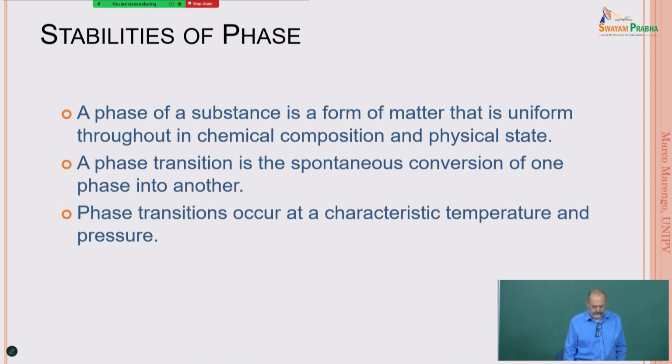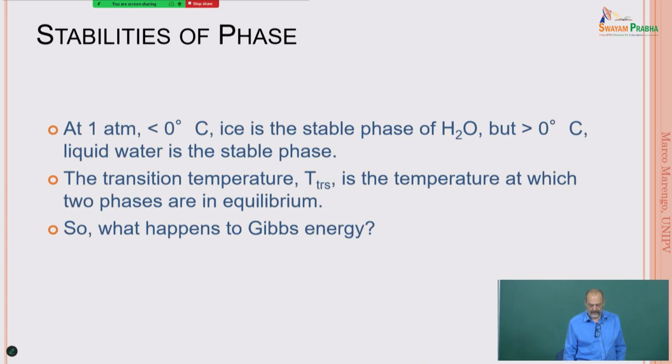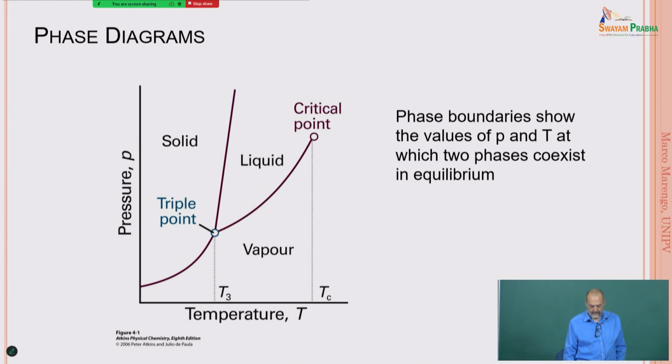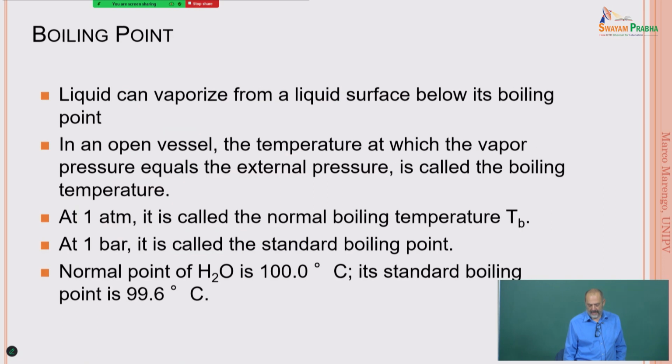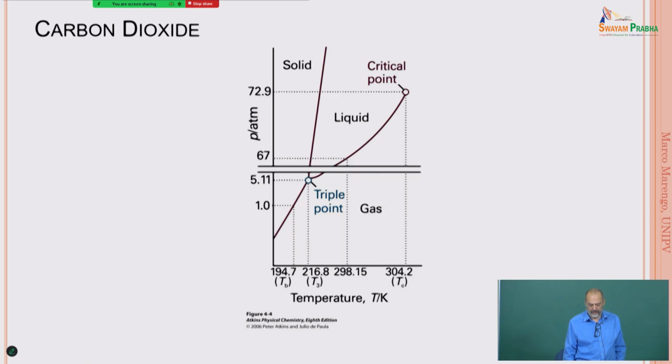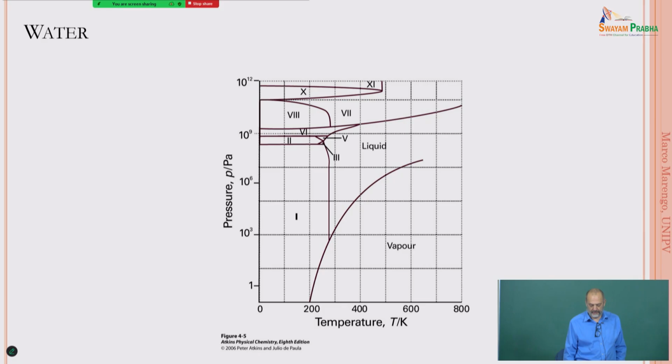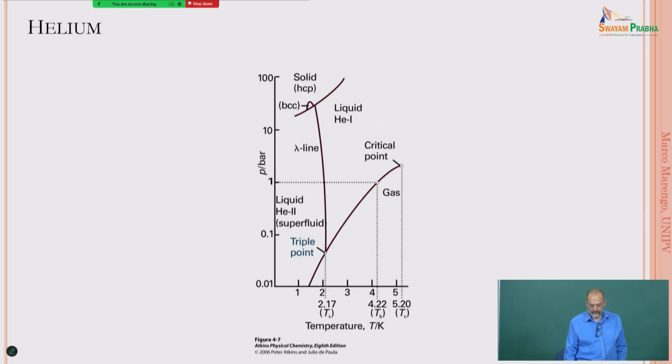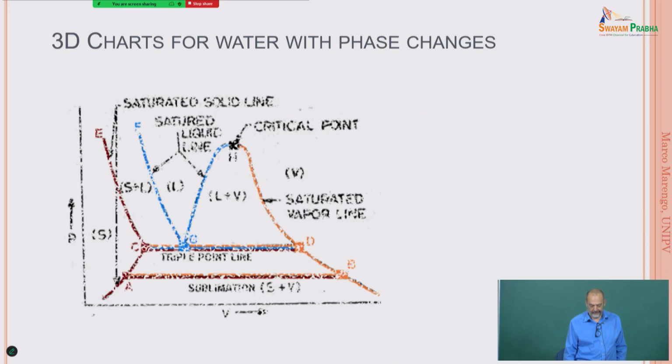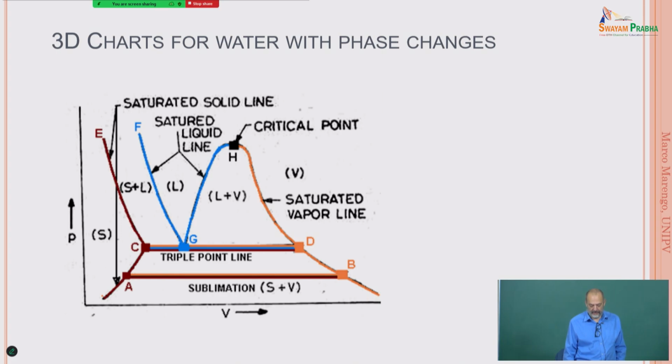The phase transitions we are considering as somehow stable in the conditions where they are occurring. I don't have time; this is something that I'm giving to you later, so it's not important. And then we have these very known 3D charts or 2D charts for pressure and volume and so on.